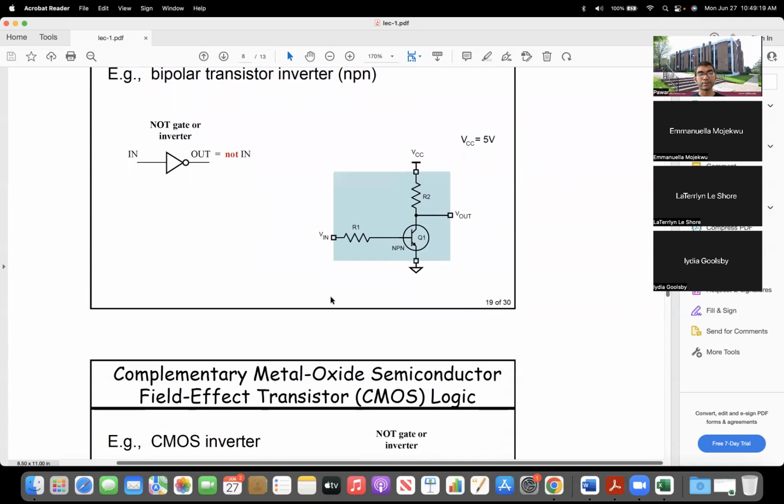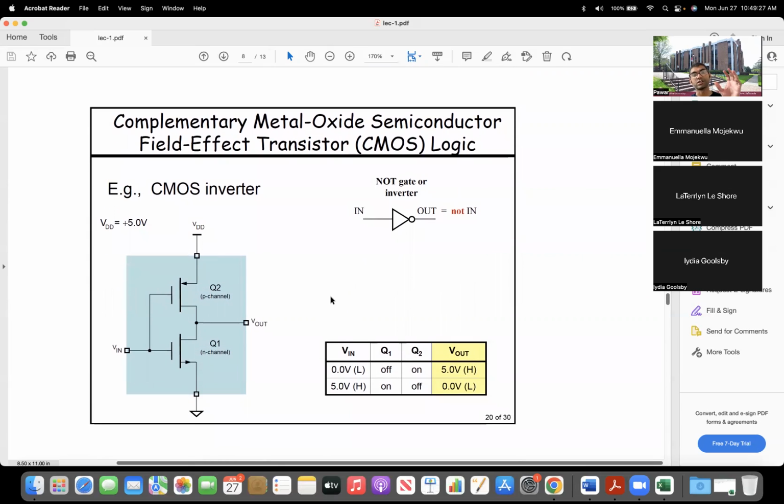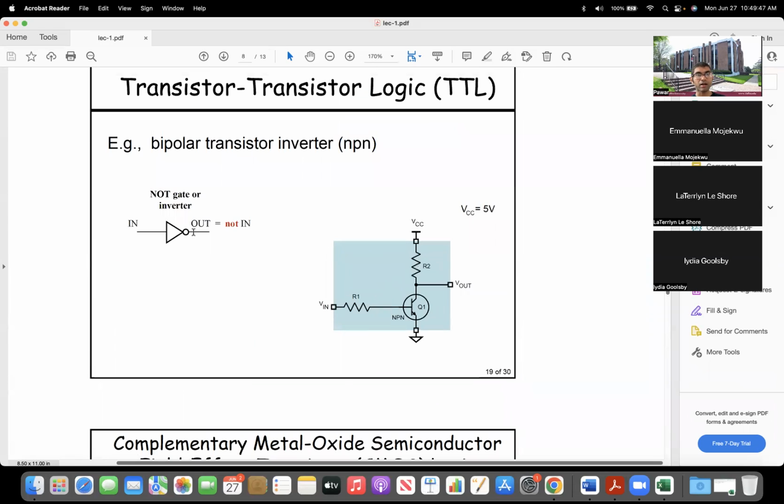Another is CMOS, complementary metal oxide semiconductor field effect transistors. These are different transistors which are used to control the flow of current or voltage. Each of these systems uses a different logic. In this case, you can see that there is a NOT gate or an inverter, and I guess you also have a NOT gate or an inverter in the bipolar transistor inverter.